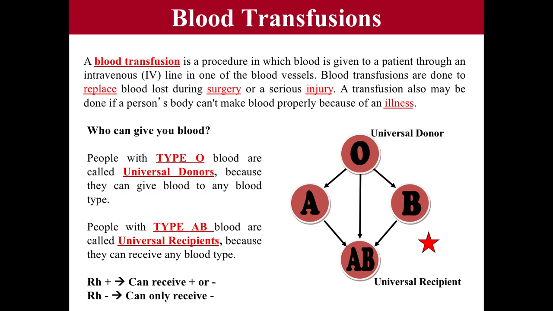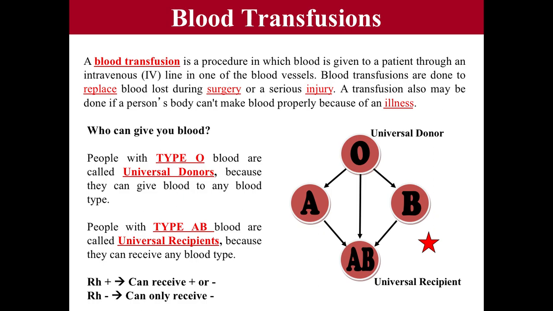When somebody is injured and they need blood to be given, this is called a blood transfusion. They are usually done to replace blood lost during surgery or a serious injury. It could also be done if there's some sort of illness that is preventing the person's body from making blood properly.